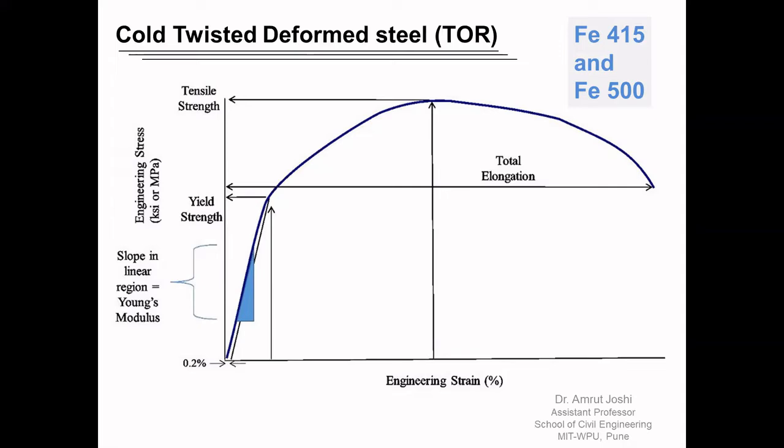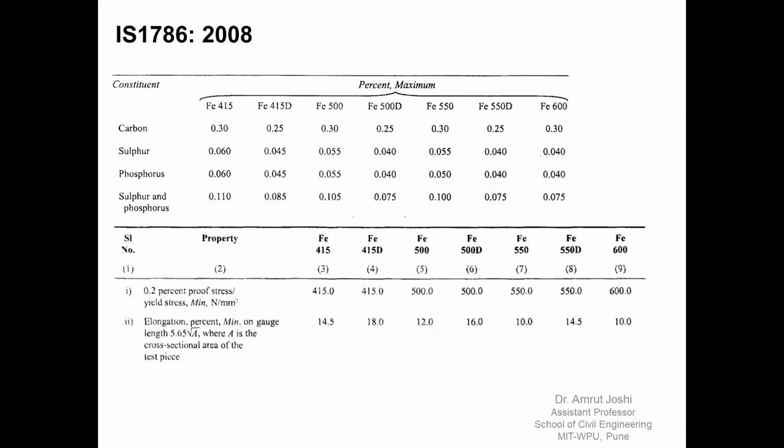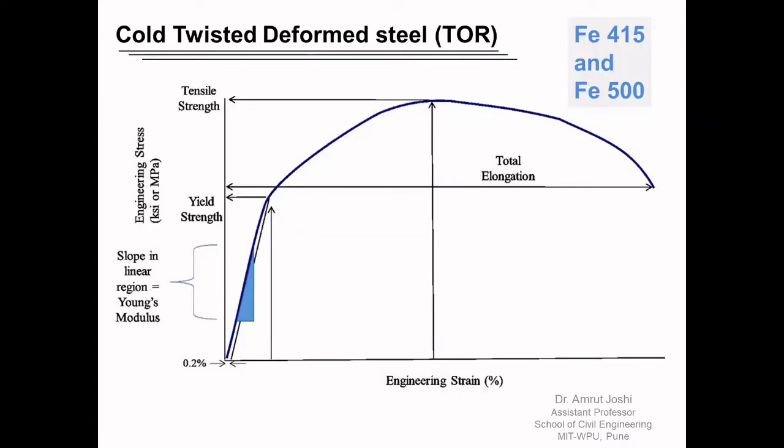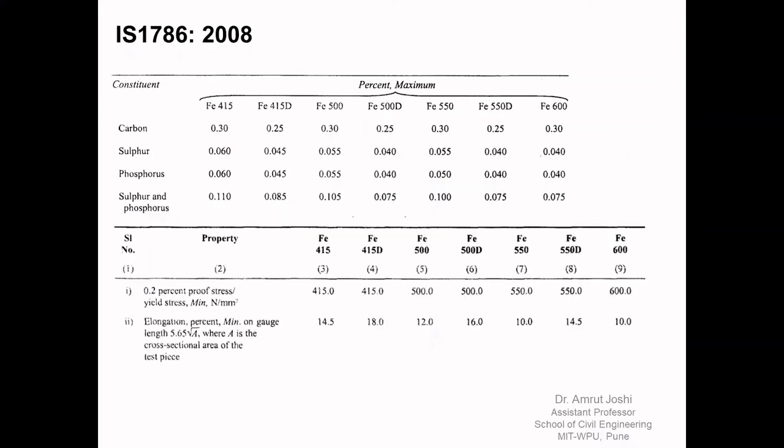Now, cold twisted deformed steel generally has characteristic yield strength of 415 and 500 MPa. So we designate it by grades Fe 415 and Fe 500. Now let us look at some chemical composition of cold twisted deformed steel. There are two grades, as you can see, Fe 415, Fe 500, and there is one more, Fe 600.